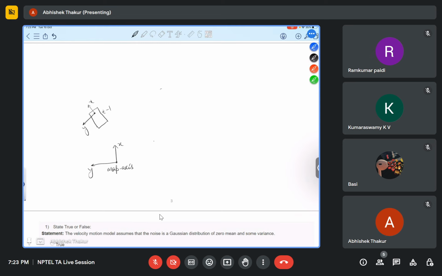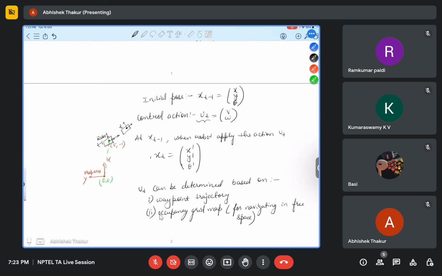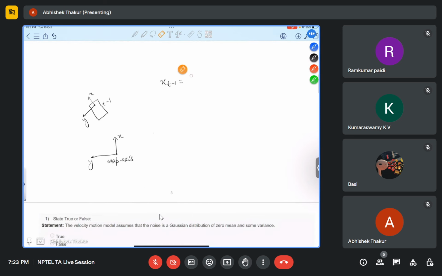So x t minus 1 is given, as in the previous example, as let's suppose xy. And let's suppose the robot has this goal position, the immediate goal position, like in the next time stamp the robot has to move here, and this has the value.